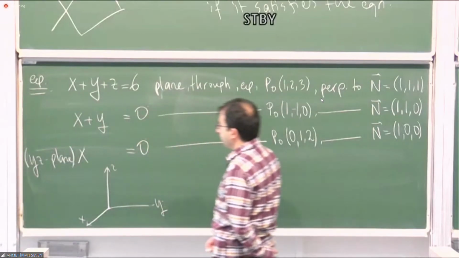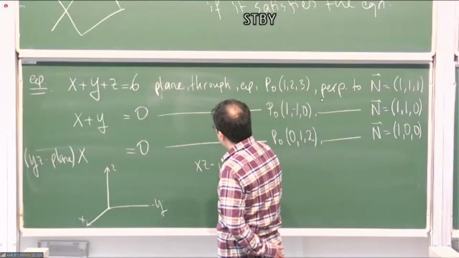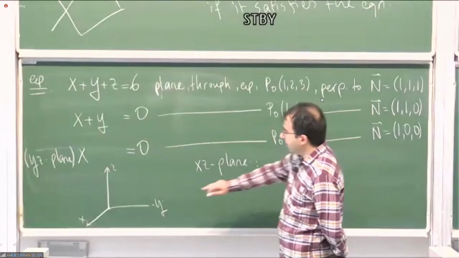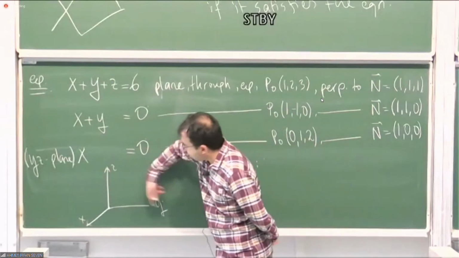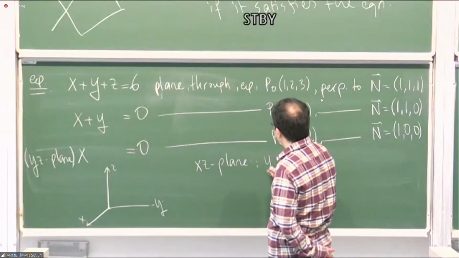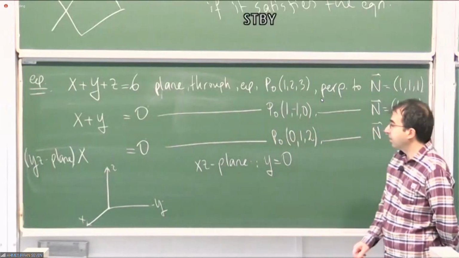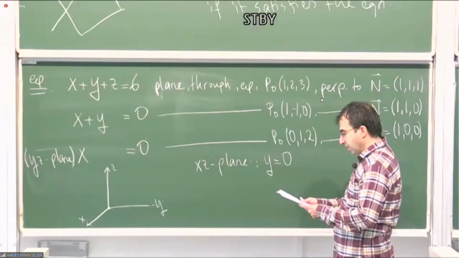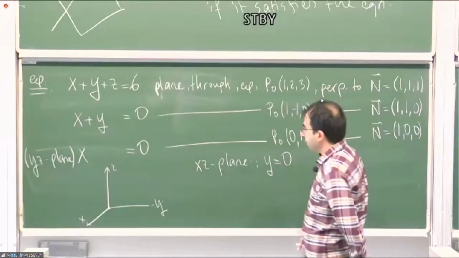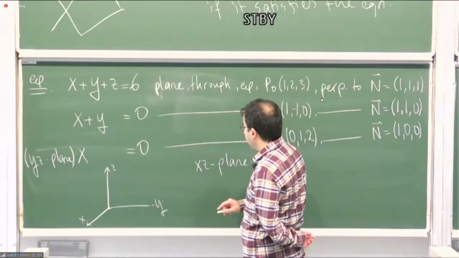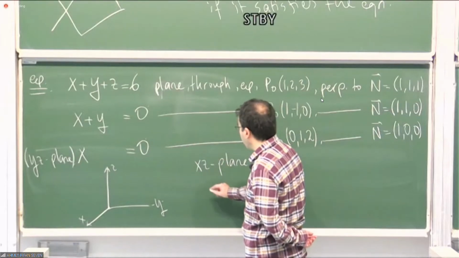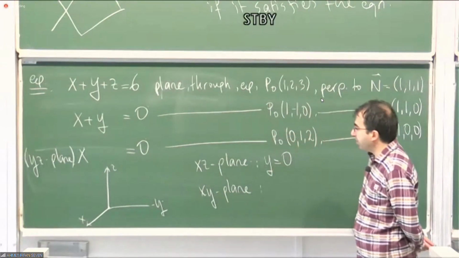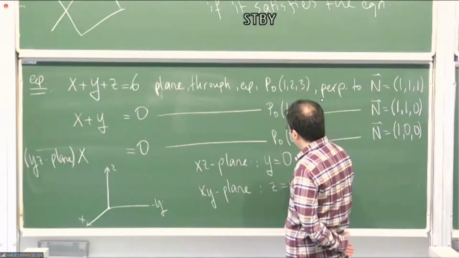Similarly, xz plane. What would be the equation of this one? In the xz plane, you see the y coordinate will be 0. So the equation of the xz plane is y equals 0. And similarly, the xy plane. The equation of the xy plane is z equals 0.